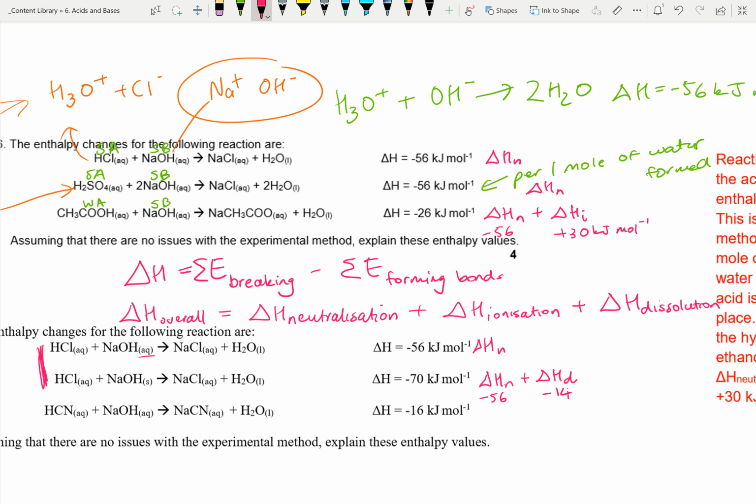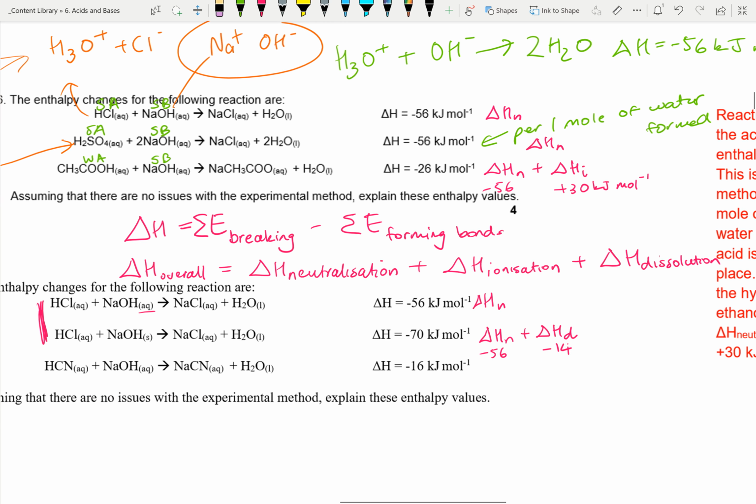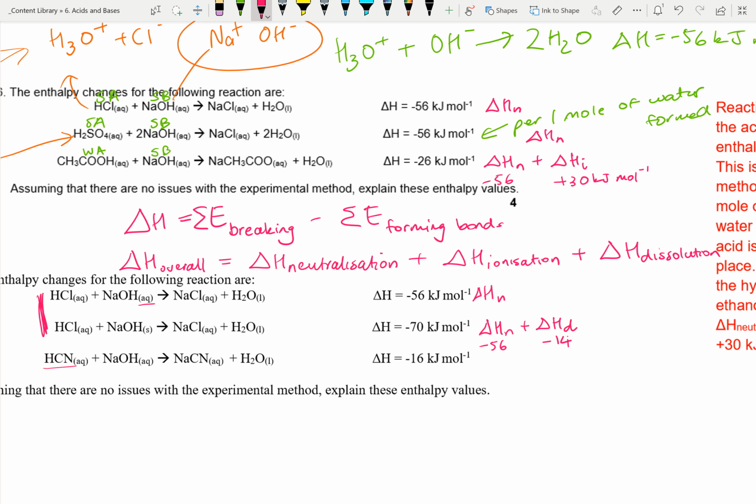Okay. In this one, with this weak acid, HCN, you go change in H of neutralization plus the change in H of ionization. I've got to break this hydrogen free first before I form the hydronium ion.